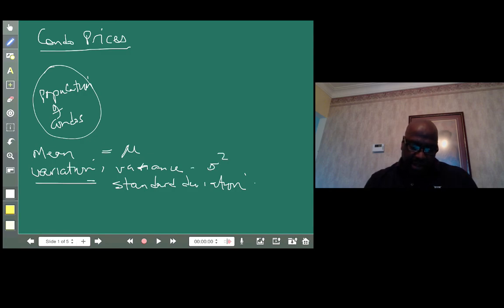And if we're talking about standard deviation, then the symbol is simply sigma. So you can see the relationship between variance and standard deviation, that the standard deviation is just the square root of the variance. So I want to just expand on these concepts for you and then introduce you to the normal distribution. Because for the most part in the course, we will refer to averages and standard deviations.